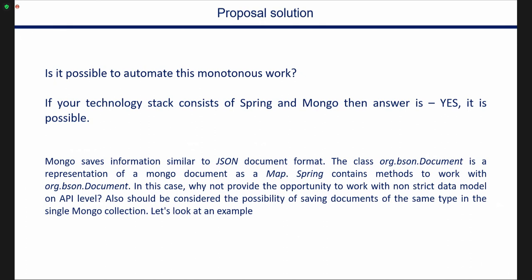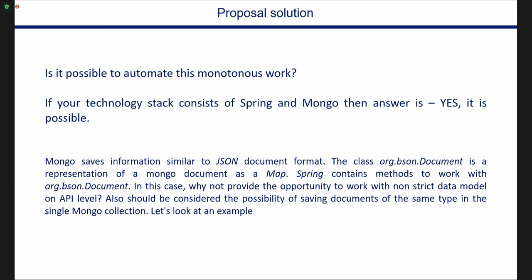In this case, the next question arises: why not provide the opportunity to work with a non-strict data model on the API level? If it's possible on the persistence level, where we can store in Mongo whatever we want, why can't we do the same thing on the API level?